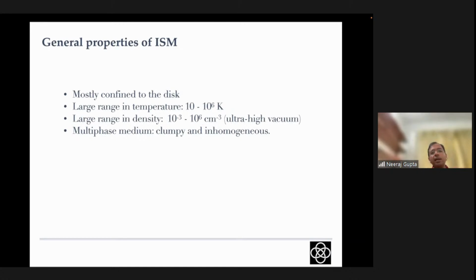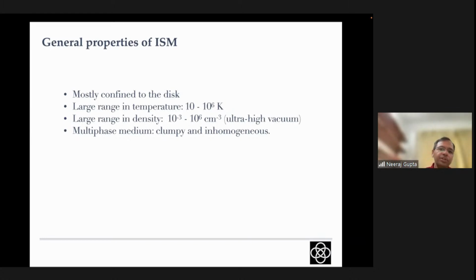So overall, the interstellar medium that we see in our galaxy is multi-phase. It has a molecular phase, an ionized phase, and an atomic phase, and it's also very clumpy and inhomogeneous. So the way we are now visualizing our galaxy through the slides which we have gone through is that there are stars which are distributed. If it's a disk type galaxy we are looking at, they are mostly confined to the disk of the galaxy, especially the young stars.